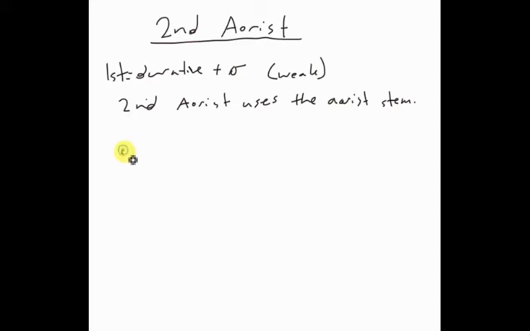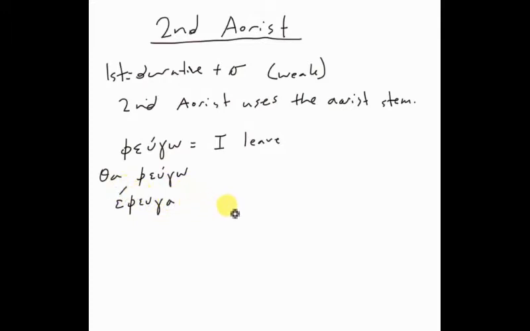So we have the word φεύγω, which means I leave. The derivative future is θα φεύγω, I will be leaving. The imperfect is έφευγα, which means I was leaving.